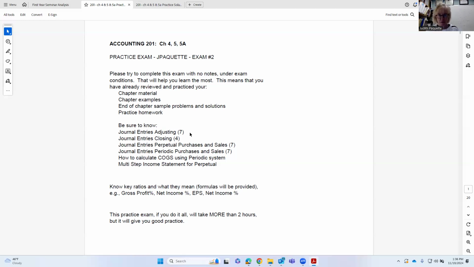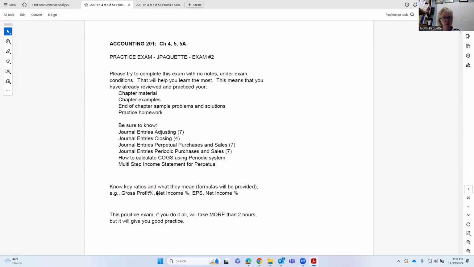You've got 7 adjusting journal entries, 4 closing journal entries, 7 perpetual journal entries for purchases and sales, and 7 periodic journal entries for purchases and sales. So that is 25 journal entries. That's a lot. This is the most intensive journal entry exam we have in the quarter. So you need to know them.